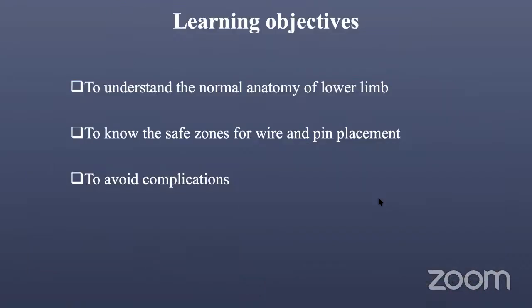These are the learning objectives: to understand the relevant anatomy of the lower limb, and to know the safe zones for wire and pin placement so that complications can be avoided.